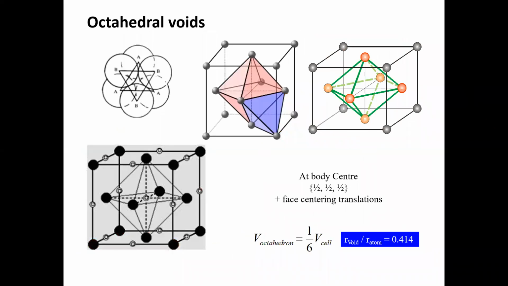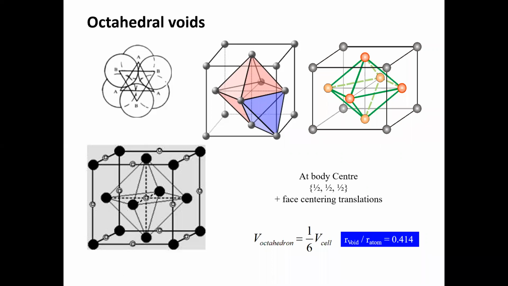Likewise, we have discussed the octahedral voids. The positions of the octahedral void are at two different locations. One is the middle of the unit cell, which is the body center, with coordinates 1/2, 1/2, 1/2.